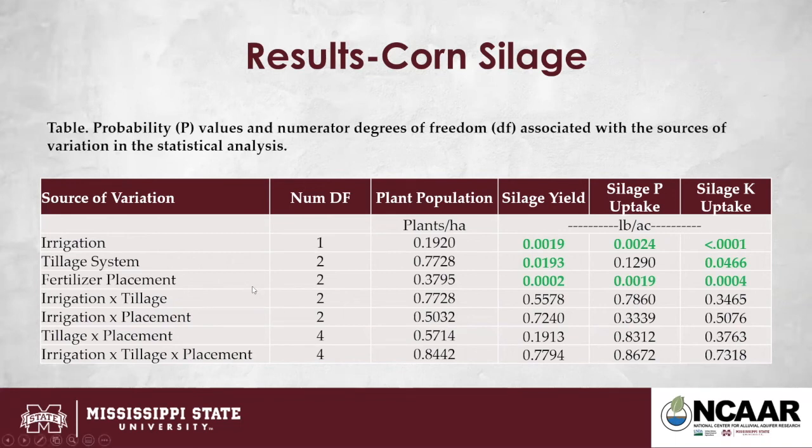And then last was our non-fertilized control. And then in the statistical model, we have the interactions for each of these treatments. And in this table, we see plant population. There were no significant differences in plant population, silage yield, silage P uptake, and silage K uptake. We had some significant differences in our treatments.